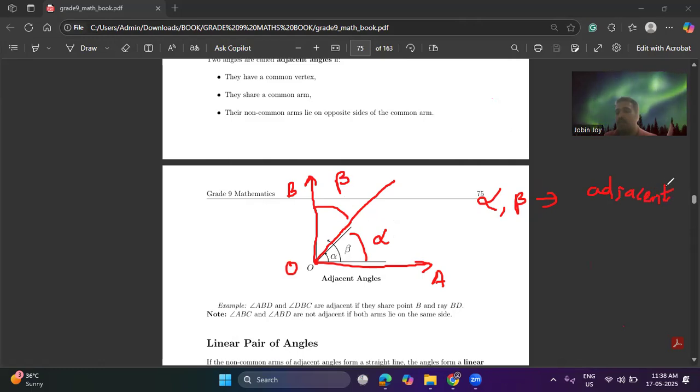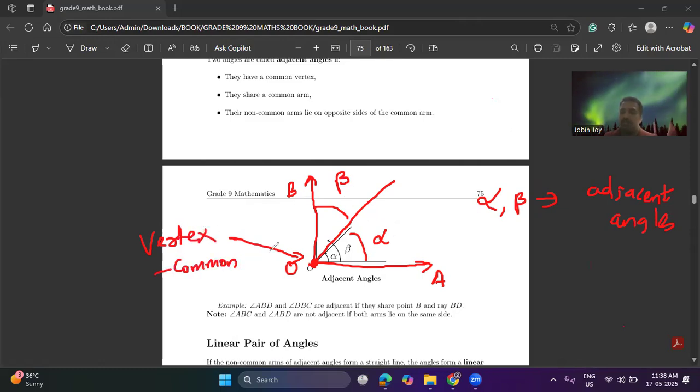Why adjacent angles? Okay, the first point is check the vertex. First point is vertex is common. Then second point is there is a common arm. Check the angle alpha.